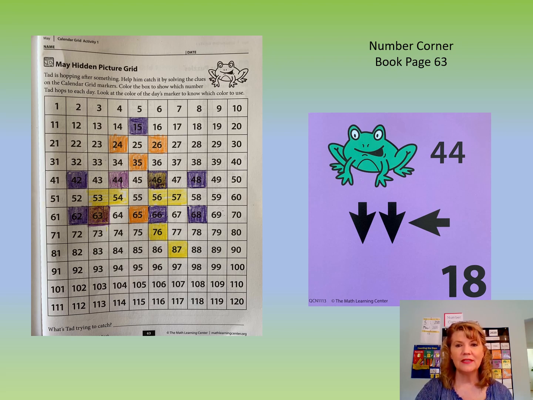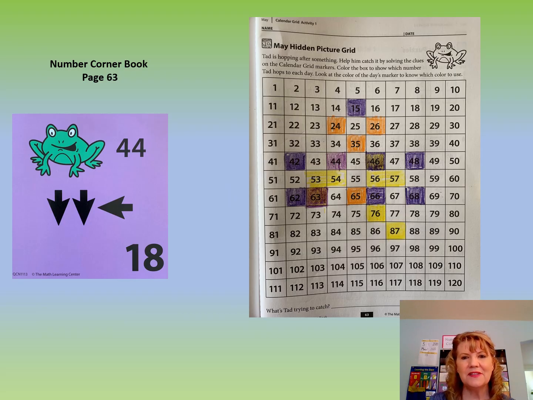Make sure your book is open to page number 63. So looking at the book, I'm going to put a little black square around my 44 so we can see where we're working. We have to count down or jump down 2 tens, which is 20. There's 1 jump, 10, 2 jumps, 20.